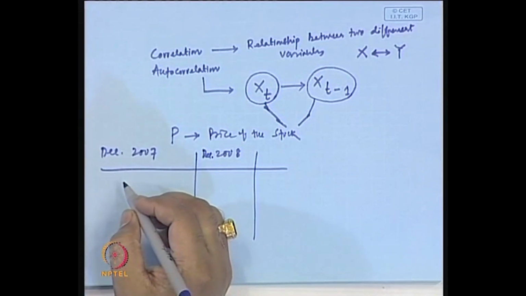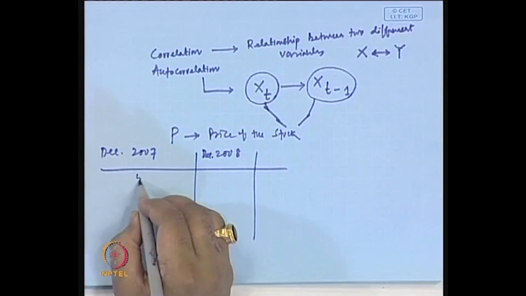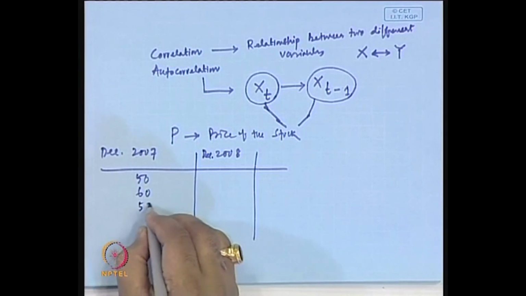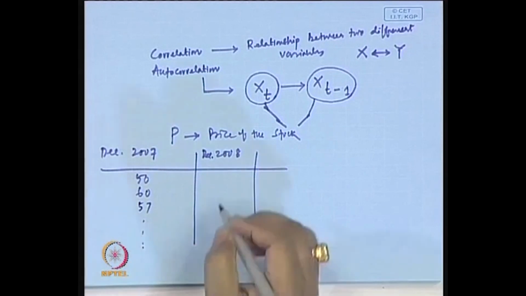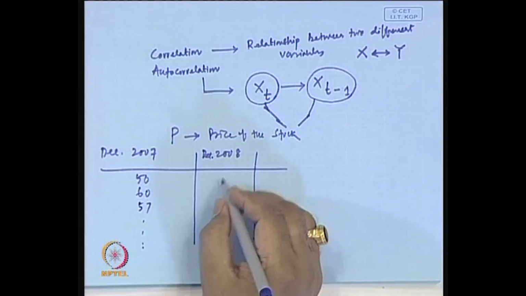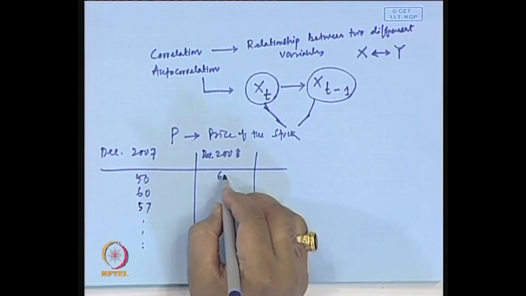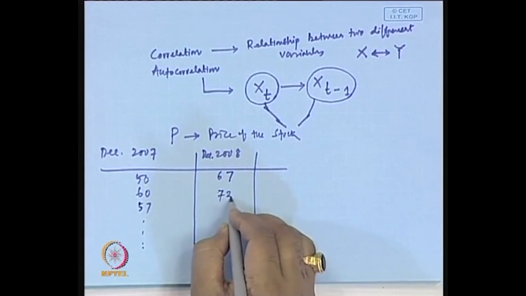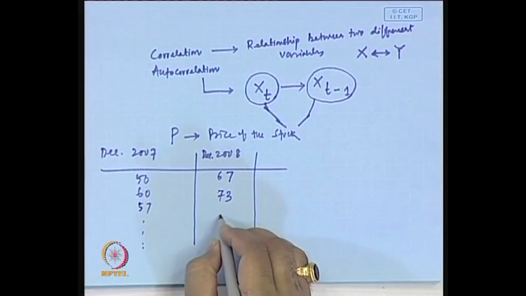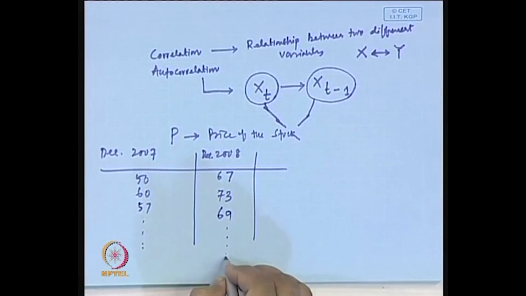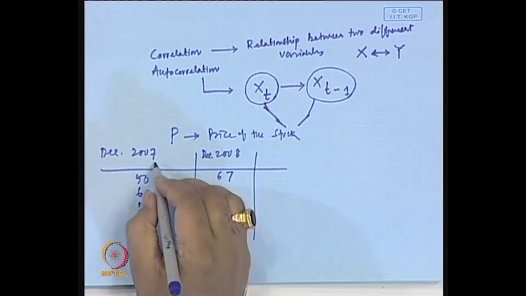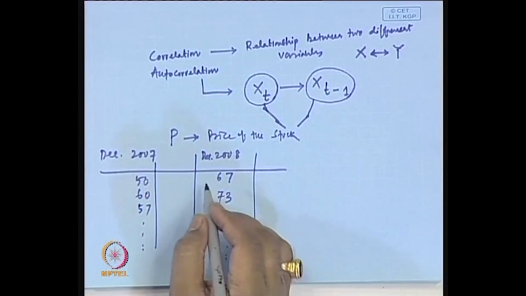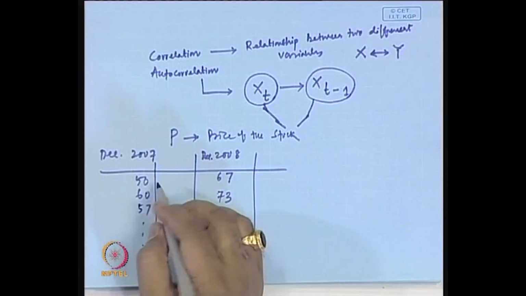The prices of the different stocks will be given to you, say 50, 60, then 57, like that, and in December 2008 on different days you will find 67 or 73, and then 69. Then, as the first step in this autocorrelation test, we calculate the return of the stock.